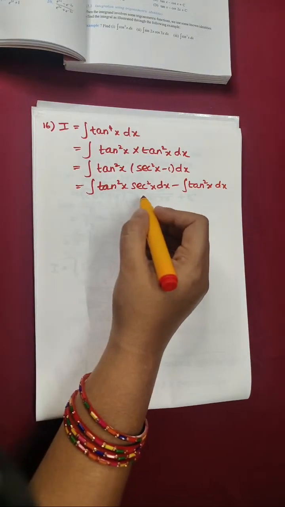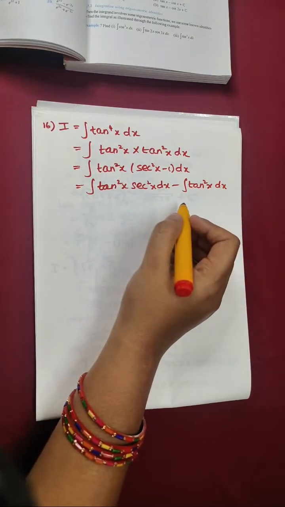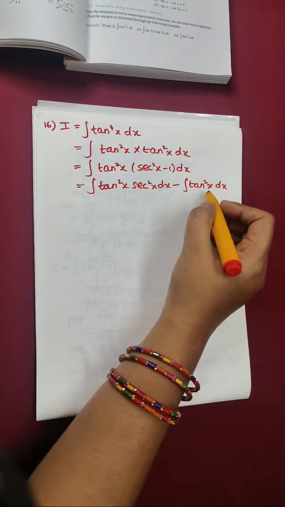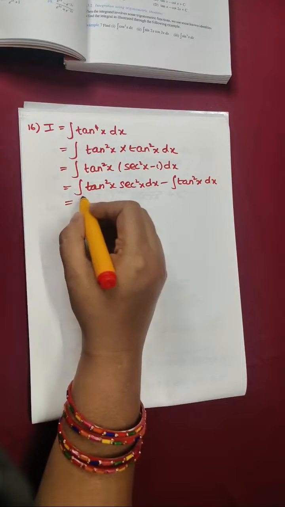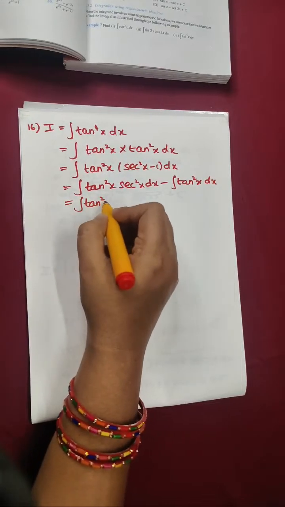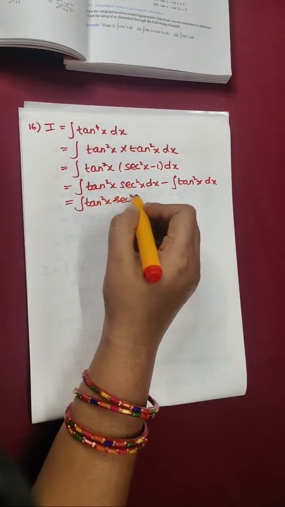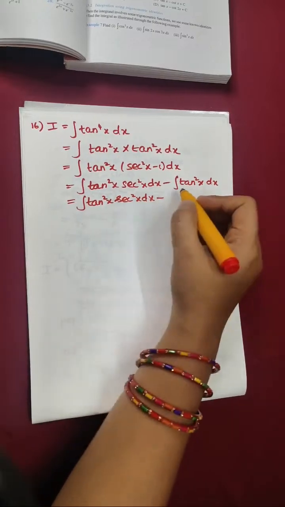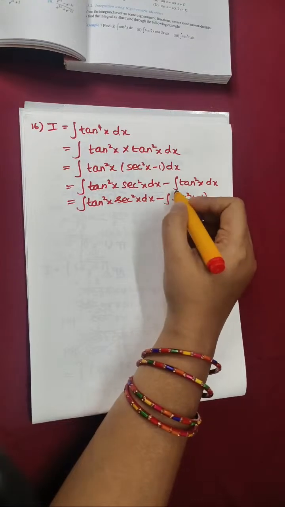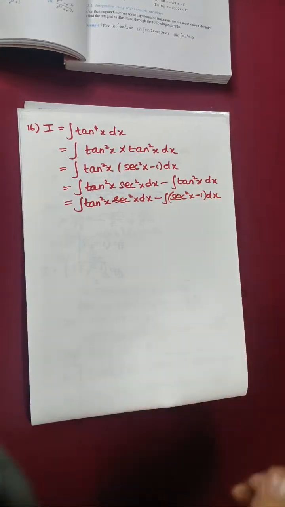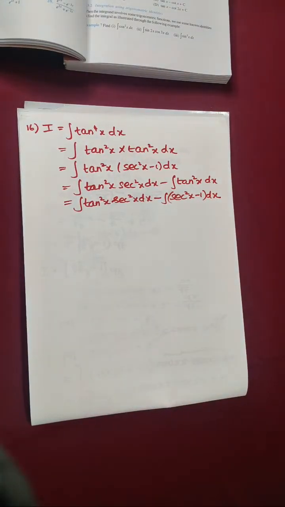Here you can use the substitution method, and for the second term you have to use the trigonometric identity again. I am just writing it as it is, so minus secant square x minus 1 into dx. Now use the substitution method for the first term.